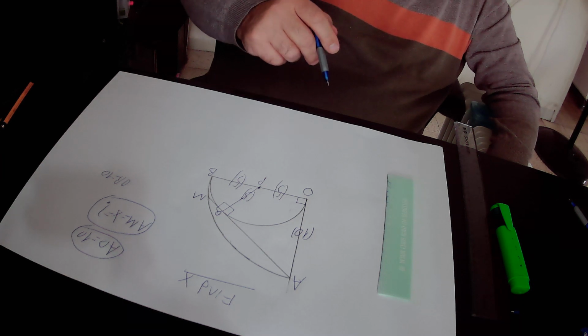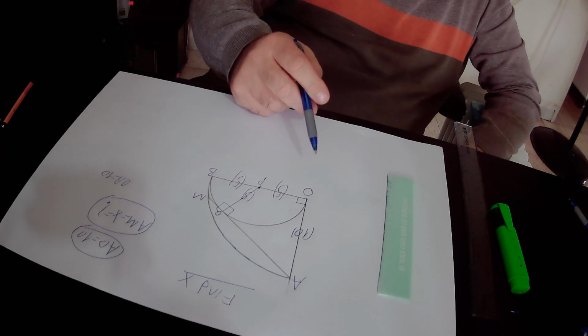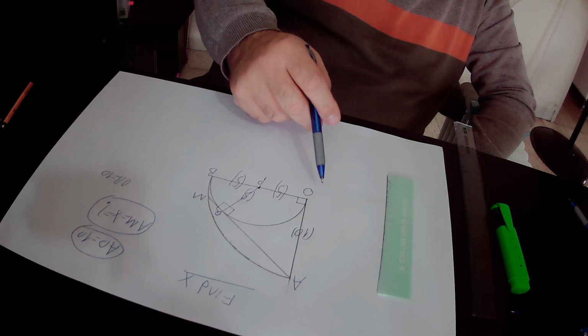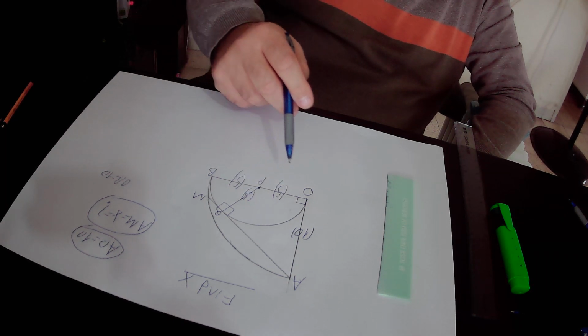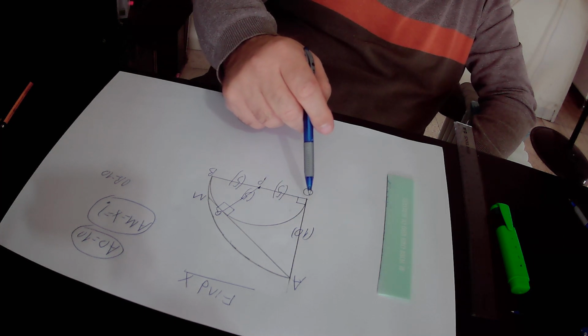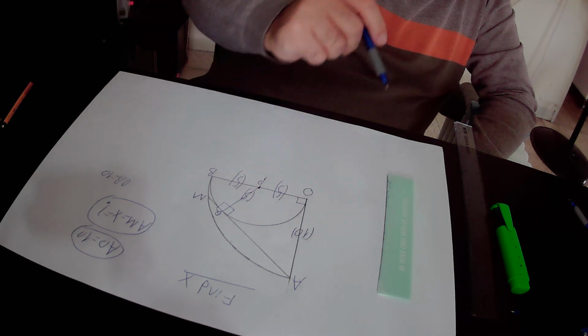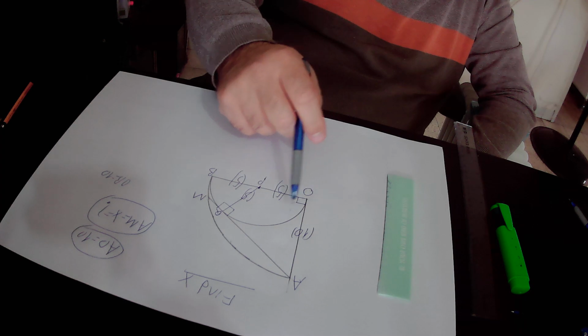In the next step, we focus on this point, point A. Point A is an external point in relation to this semicircle. Why? Because point A is not located inside this semicircle nor on this semicircle, but it is located outside of this semicircle.